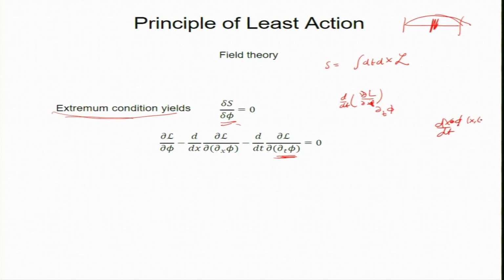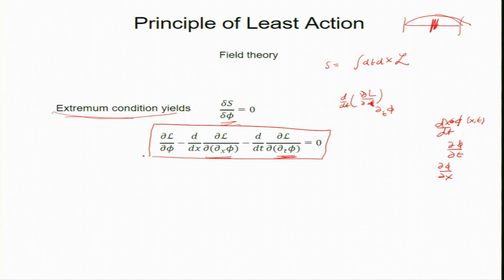Now, phi is a function of x and t. So, I will have d phi dt and d phi dx, two of them. So, this is the second one with respect to x. So, the Euler-Lagrange equation for fields is this.